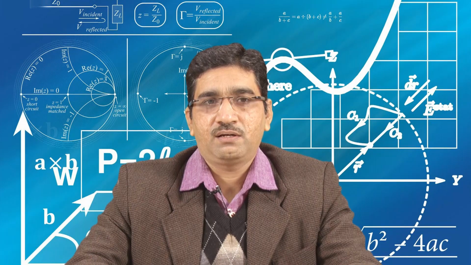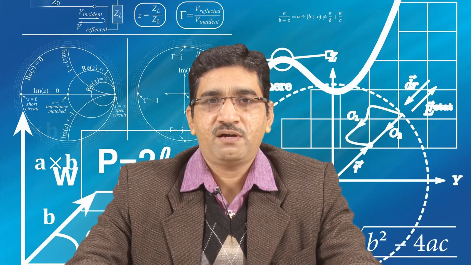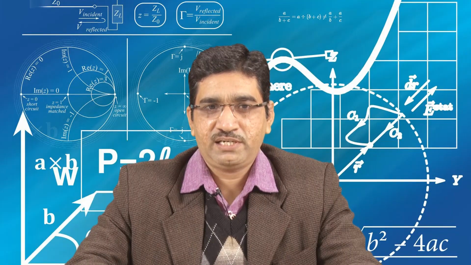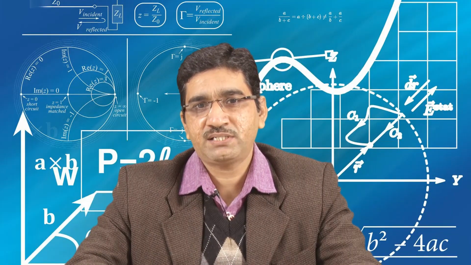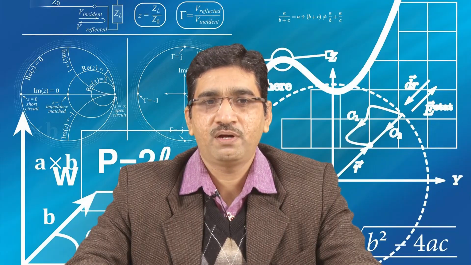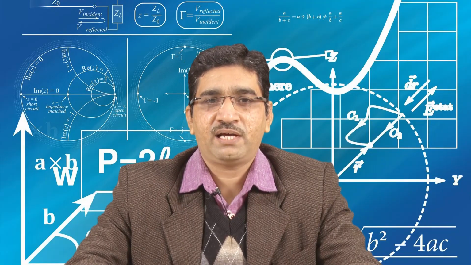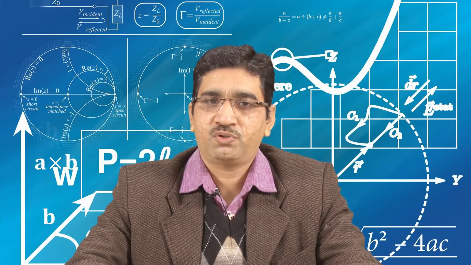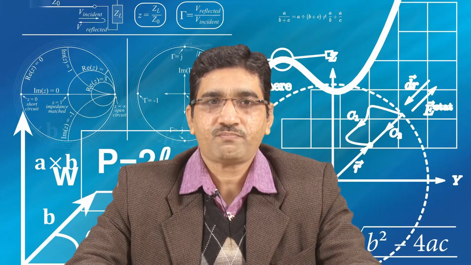So, by discussing the significance, we can understand that measures of central tendency are used to summarize the data, to represent the whole group, and to compare two or more groups.